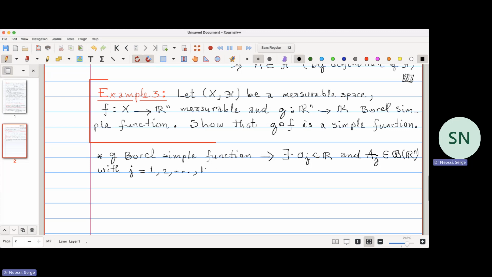That is a finite number, right? So we can find a finite number of real numbers aj and the corresponding set capital A sub j in the Borel sigma algebra of Rn such that the function g can be written as a linear combination of aj, indicator function of capital A sub j, where j runs from 1 to k, for instance. So this is the definition of a simple function.